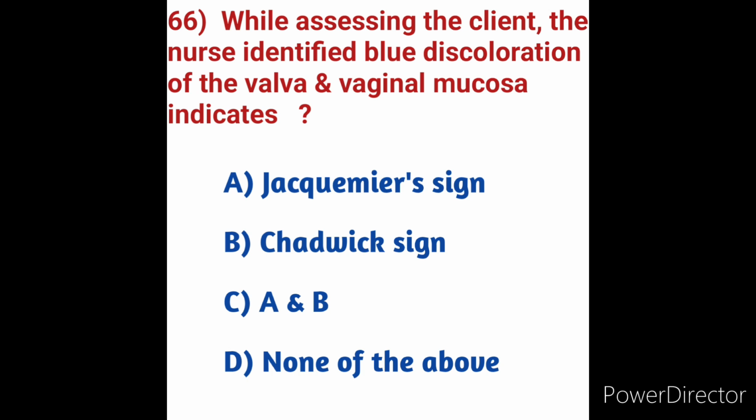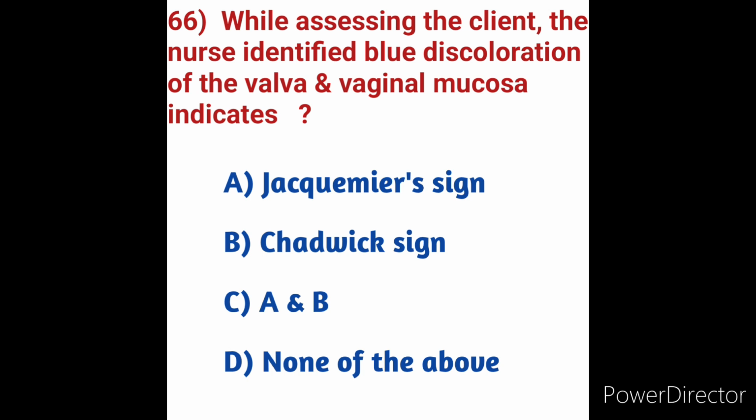It is a non-specific early sign of pregnancy that is typically characterized by bluish discoloration of the cervix, vagina and vulva. The Chadwick sign usually presents 6 to 8 weeks after conception and commonly disappears shortly after the birth.